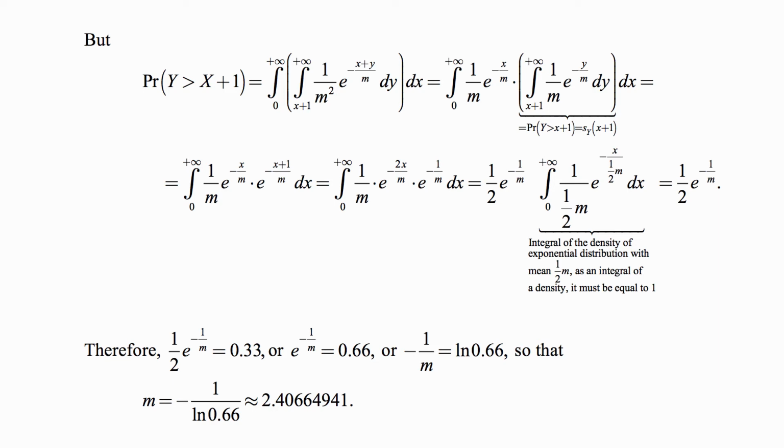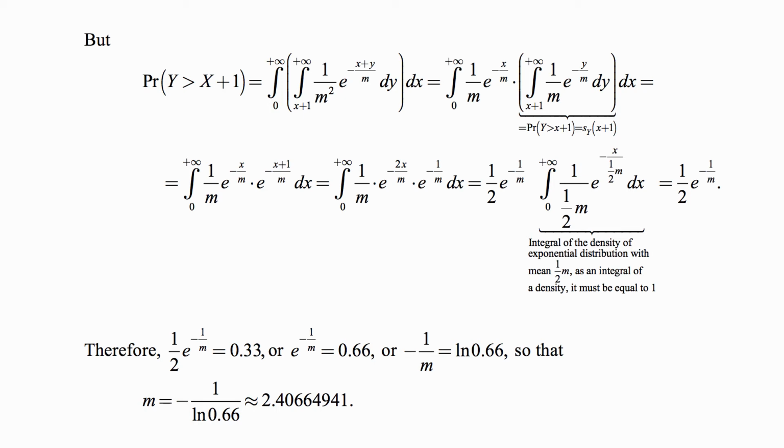We can factor out that e to the minus 1 over m, and what is left then is e to the minus 2x over m, which is the same as e to the minus x over one half m. If we put 1 over one half m in front of it, then that becomes a density of exponential distribution with mean one half m.